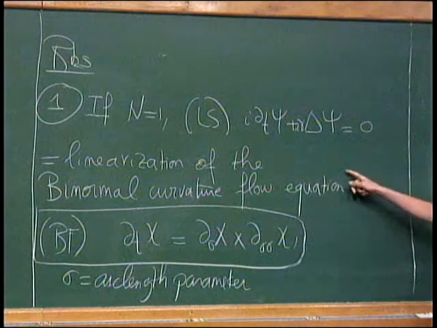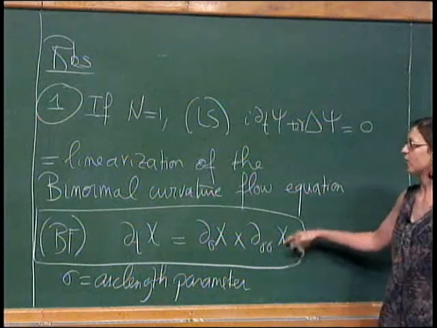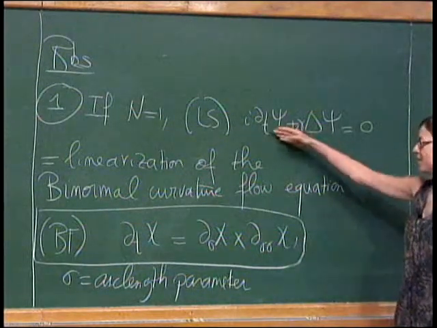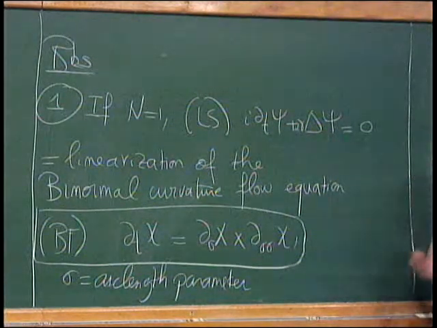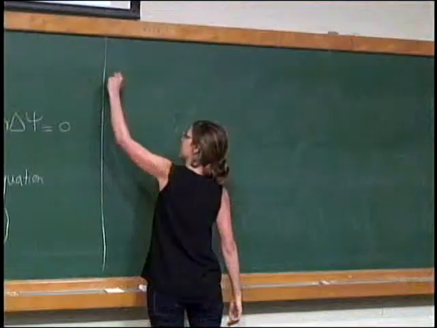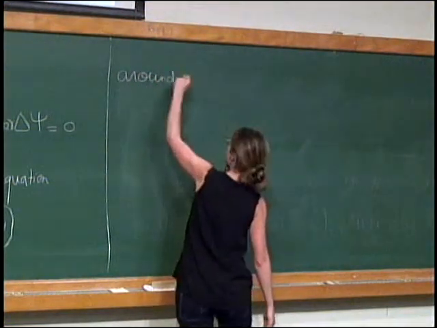So yes, it's the linearization of the binormal flow, assuming that chi is a small perturbation described by psi of the straight line. So around the straight line solution.